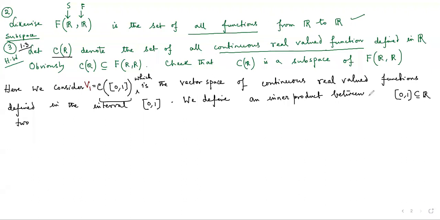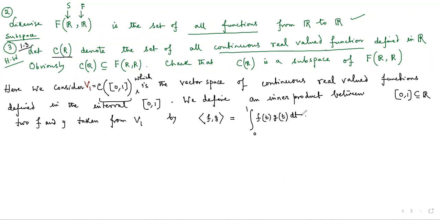We define the inner product of two functions f and g taken from V1 by the definite integral from 0 to 1 of f(t) g(t) dt.